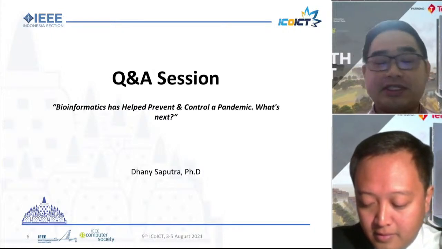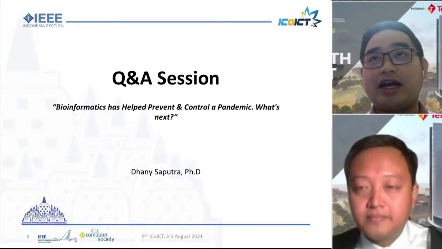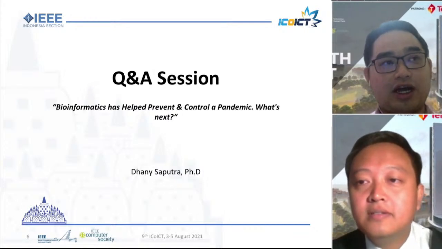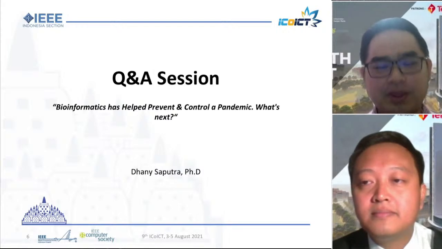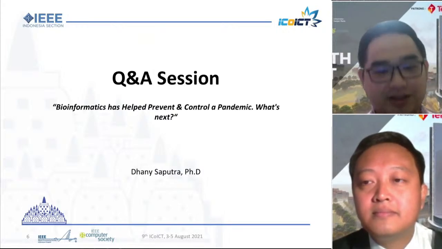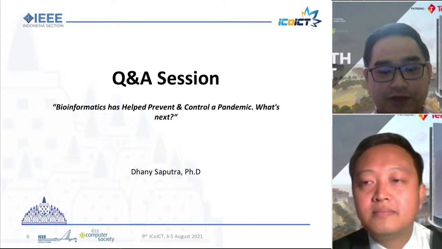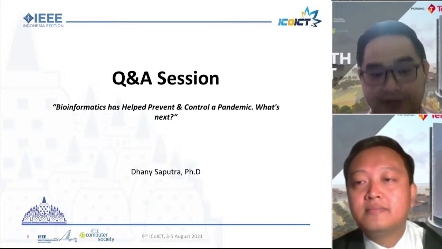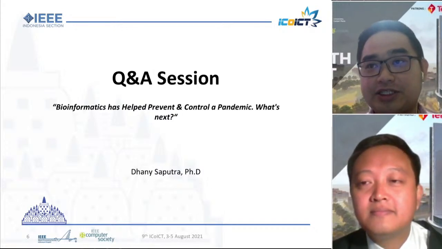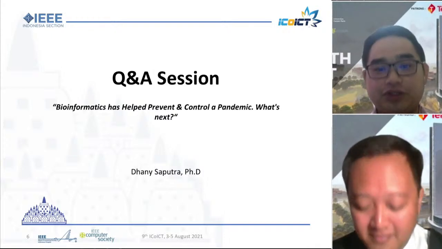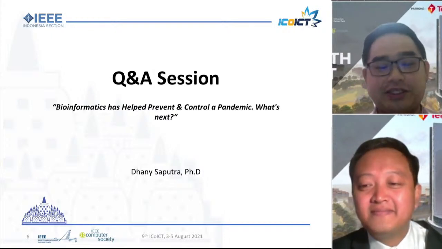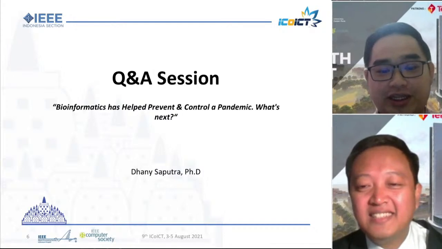Because personally, I understood that when nanopore was newly announced in maybe 2015, it was not really a favorite for researchers to use for sequencing. But I realized that during this COVID period, a lot of people use this nanopore technology for sequencing. How did this shift of trend happen? Thank you.